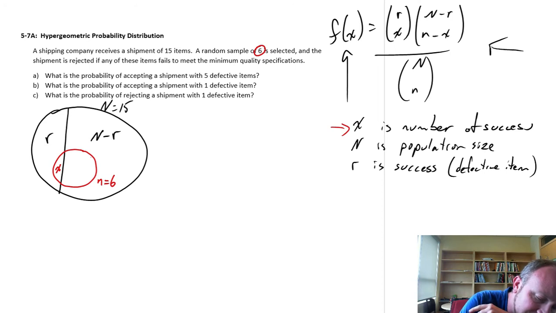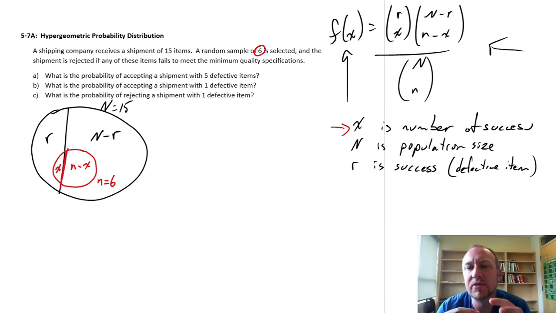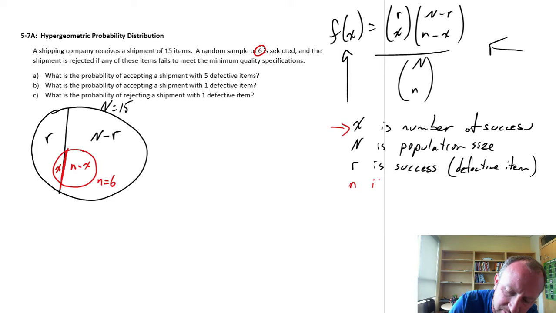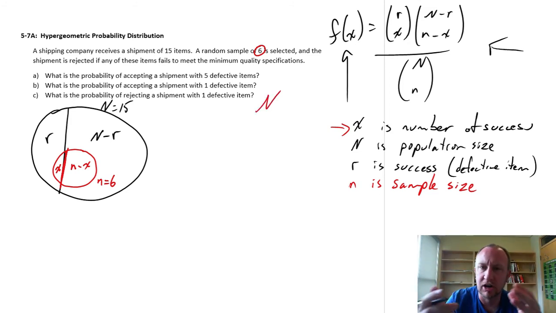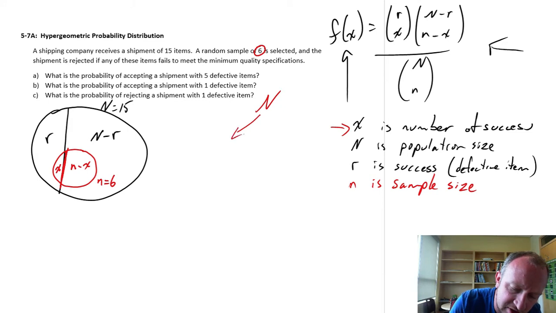And this is going to be n minus x. So here I'm defining across this red line. Within that sample, some of those items are defective and some are success. And the last one, this is my sample size. Okay, so we have n, our population, divided into successes and failures.